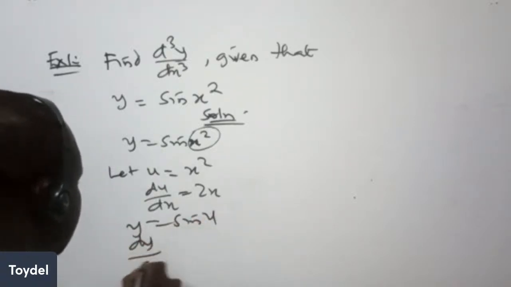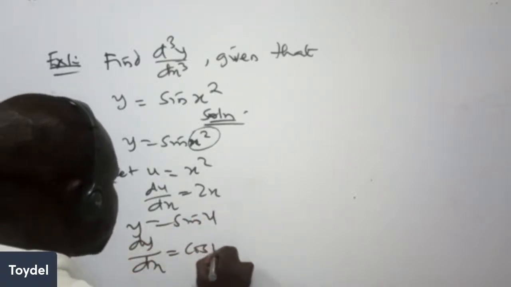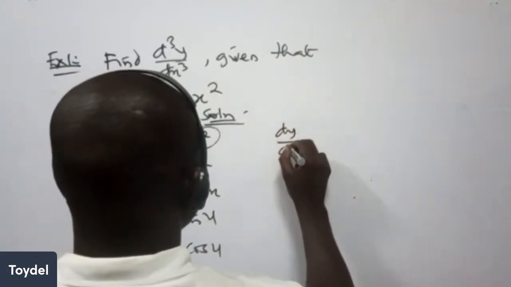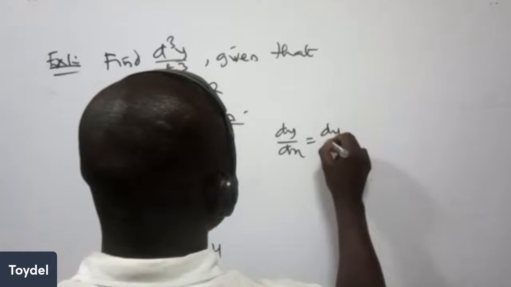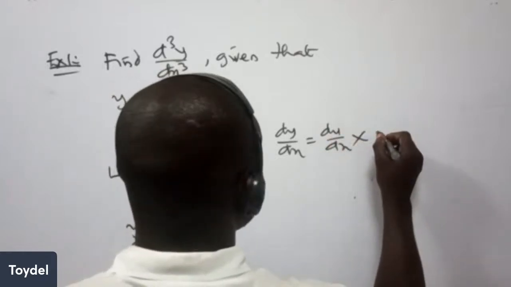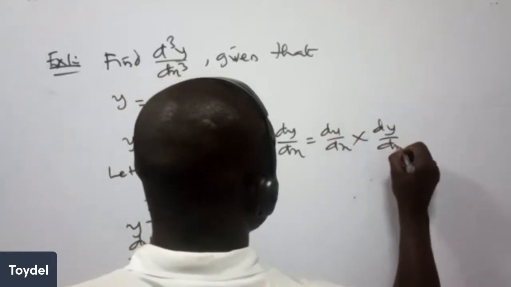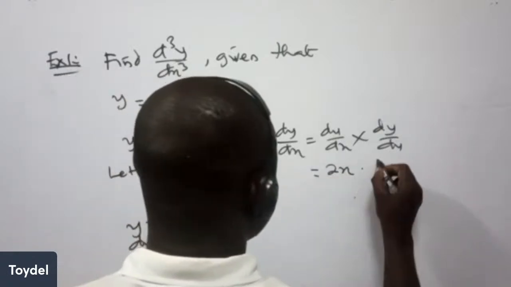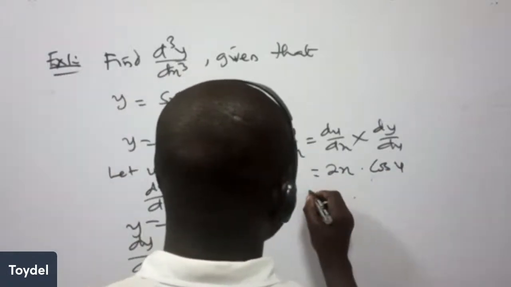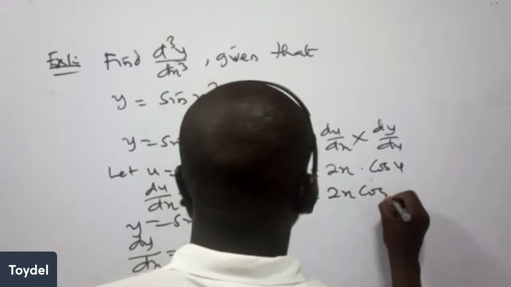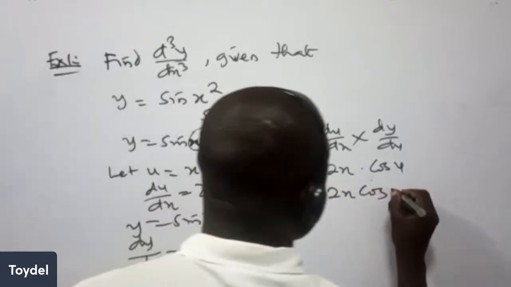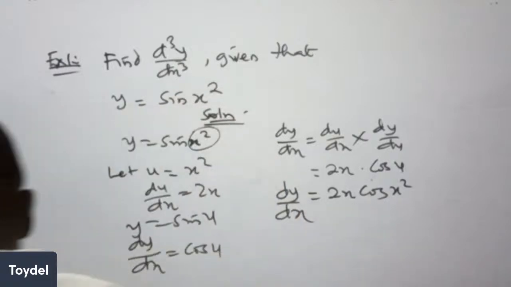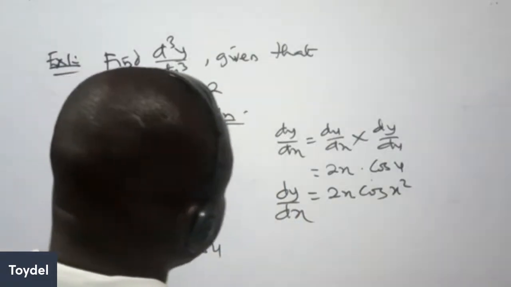So dy/du will be equal to cos u. Then from here, we know that dy/dx will be equal to du/dx multiplied by dy/du. du/dx is given as 2x multiplied by cos u, and that simply means we are going to have 2x cos x squared. So the first derivative, dy/dx, is what we have on the board.